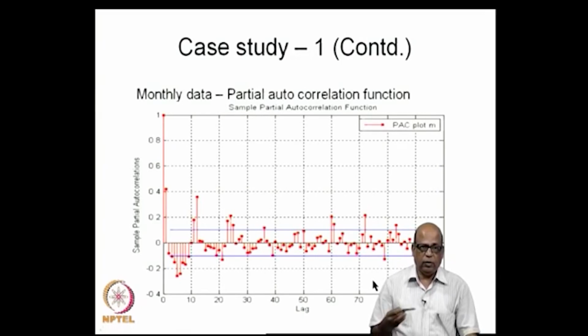Now, what does this tell us in terms of the model building that we have discussed earlier? If the correlogram indicates a sinusoidal or exponential decay, and there are certain significant partial autocorrelations, this indicates a process in which you can use these significant partial autocorrelations to build the model. However, we are not adopting that procedure of identification, as I mentioned.